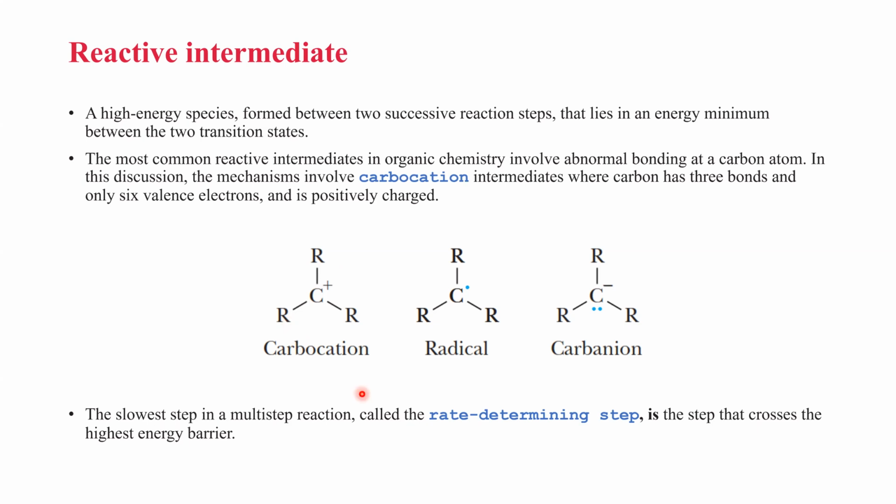The carbocation is the carbon which is deficient by 2 electrons, and it is making only 3 bonds, so there is a need for another bond. Now the radical is when the carbon has 1 unpaired electron and is still deficient by 1 electron. Now the carbanion is the carbon which has 2 extra electrons.